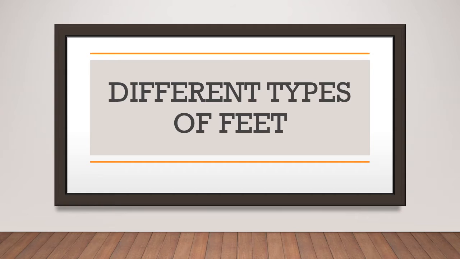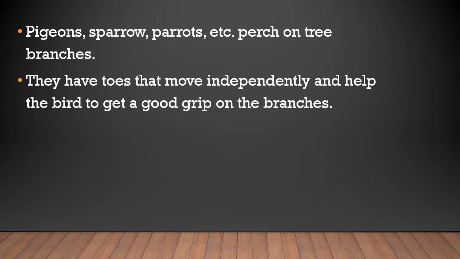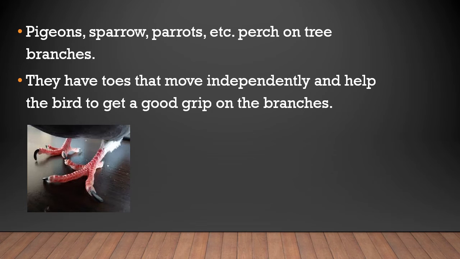Different types of feet are: first, pigeons, sparrows, parrots, etc. They perch on the tree branches. Perching means they hold the tree branches. They have toes that move independently and help the bird to get a good grip on the branches. These birds stay more on the branches, so they need to perch on them.